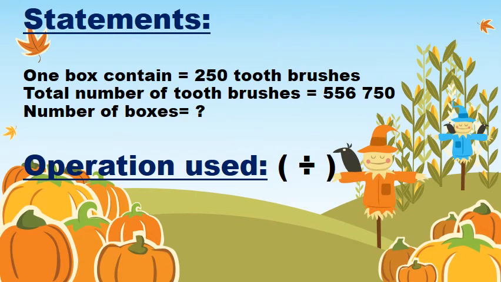So my dear students, first write the statements. First statement is one box contains 250 toothbrushes. Total number of toothbrushes are 556,750. We have to find out how many number of boxes. Operation which we are going to use is division.